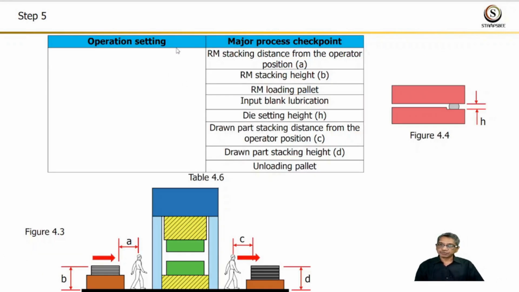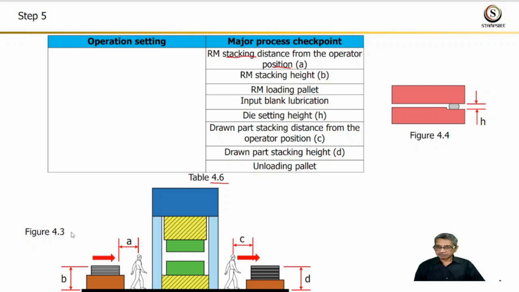Step number 5 is operation setting. Table 4.6 shows the major process checkpoint such as RM stacking distance from the operator position. It should not be more than the optimal shoulder grip length, that is 665 mm from the operator position.